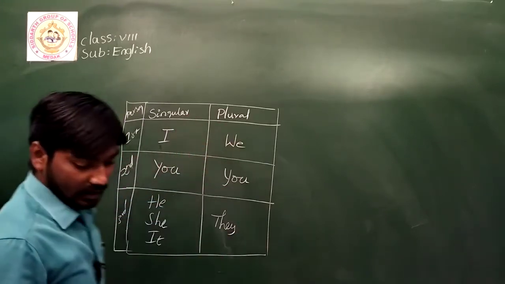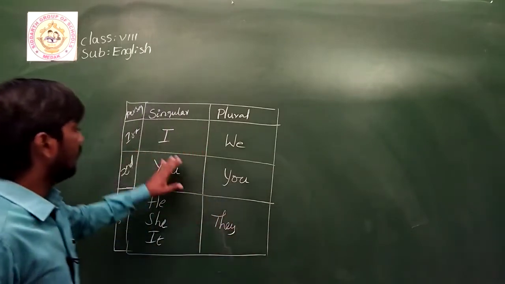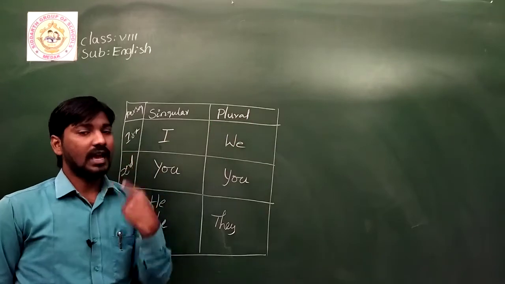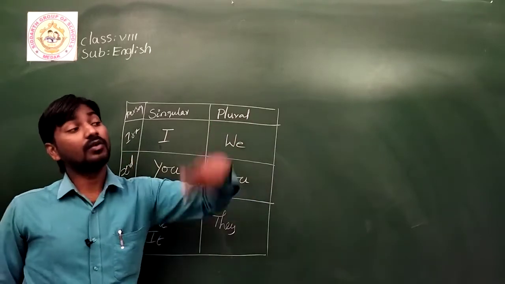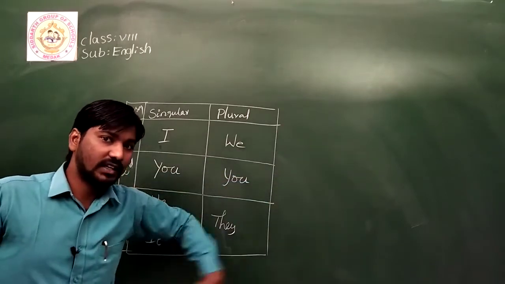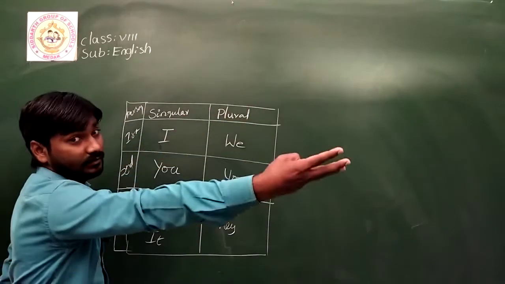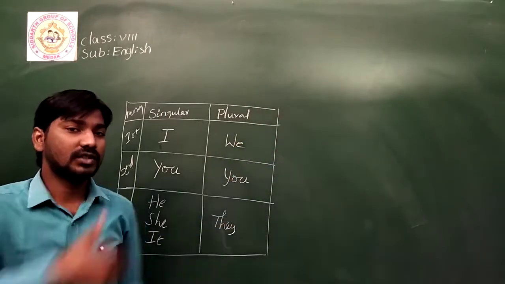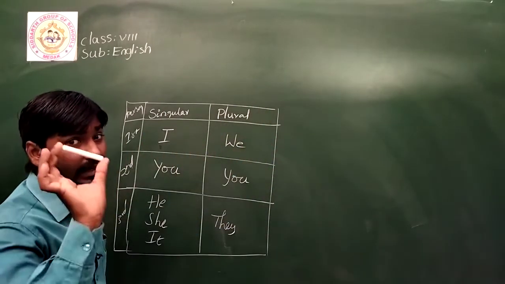For example, did you get it clearly now? I means I'm talking about myself. If you're talking about the second one who was there, you will say you. If you two are sitting here and you're talking about a third person, another man, then what will you say? Boy means he, girl means she, a thing means it.